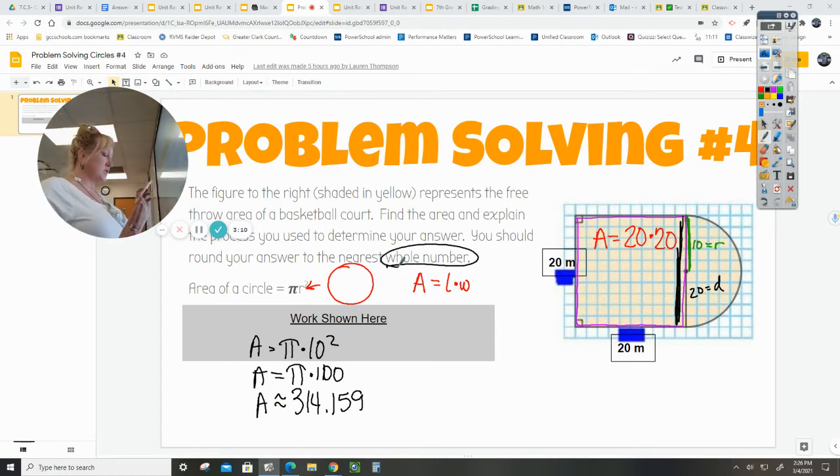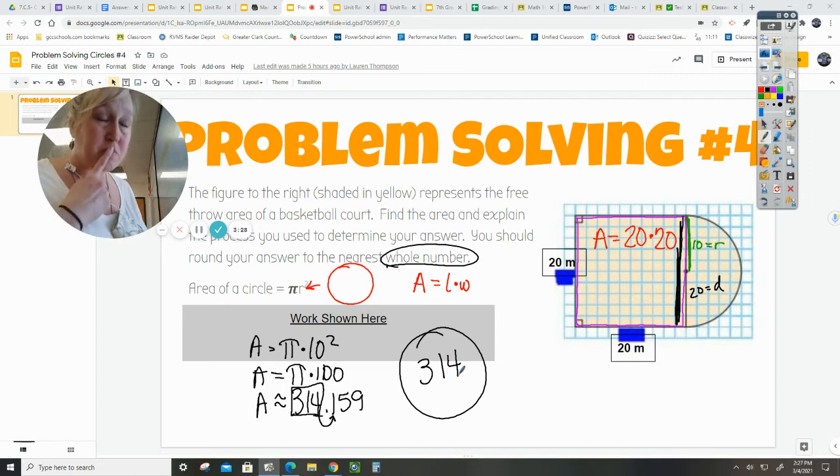Since it says to round to the nearest whole number, I'm going to look next door, and that means I get to keep the 4. So the area of the whole circle is 314.